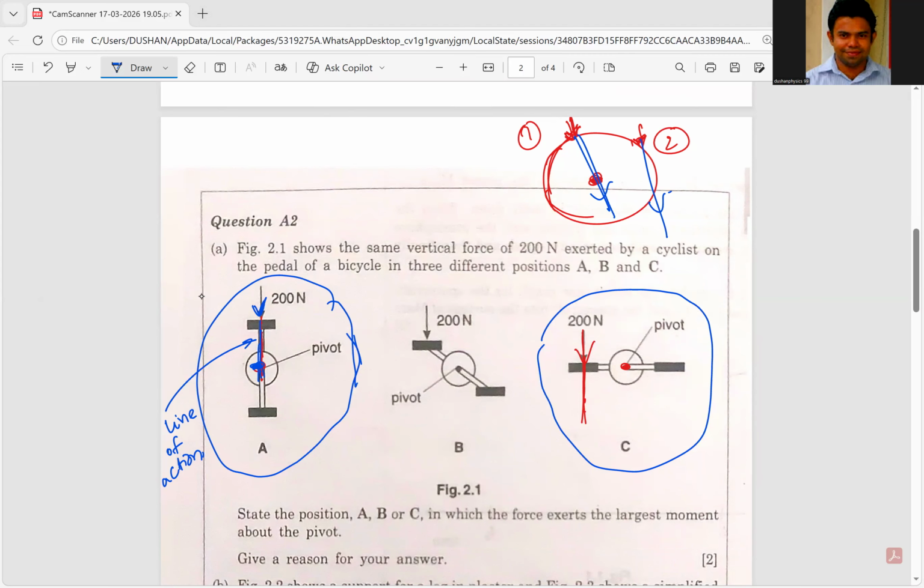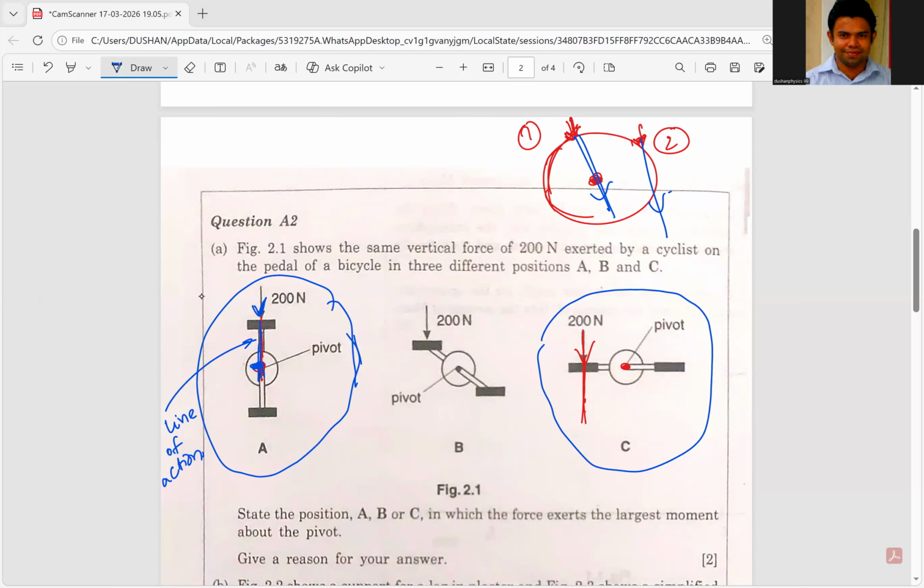Uday, if the line of action crosses the pivot point, the system will not rotate. Write down: if the line of action crosses the pivot point, the system will not rotate. Understood? Yes, sir. Okay, good. Others?